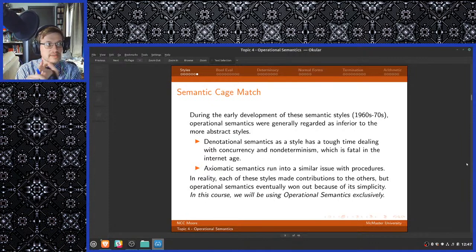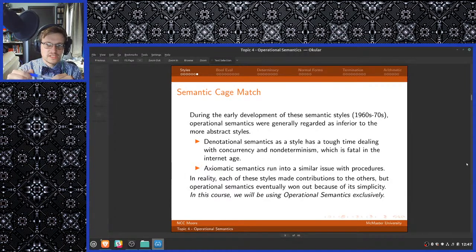Denotational semantics doesn't deal very well with concurrency, which, given how much concurrency there is now in this web-connected world of ours, means it fails to address a lot of problems. And then axiomatic semantics ran into similar problems with procedures.